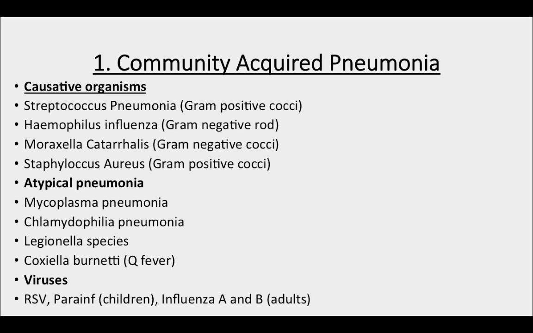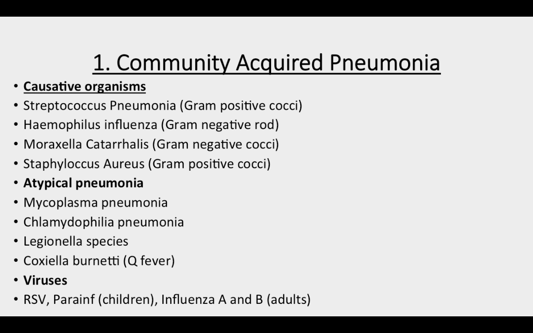So the first infection we're going to discuss is community-acquired pneumonia. Now, you'll recognize this infection as presenting with a productive cough, fevers, shortness of breath, potentially pleuritic chest pain, and examination findings of crackles, bronchial breathing, and dullness to percussion. So community-acquired pneumonia can be caused by a number of potential organisms.